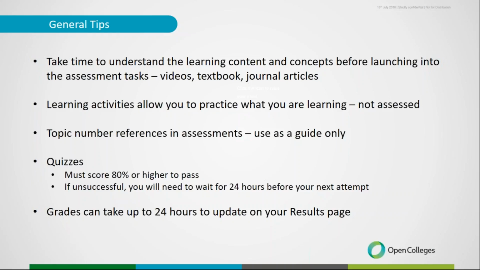Sometimes, because it assumes that you're already in the module, the module number is missing from those topic references. What I mean by that is, if you're in scope, which is module 1, it may just say refer to topic 2.4. It assumes that you're in module 1, so you would then refer to topic 1.2.4.